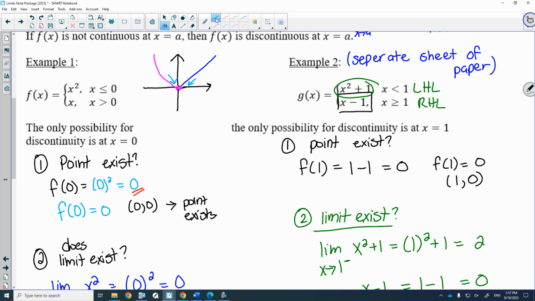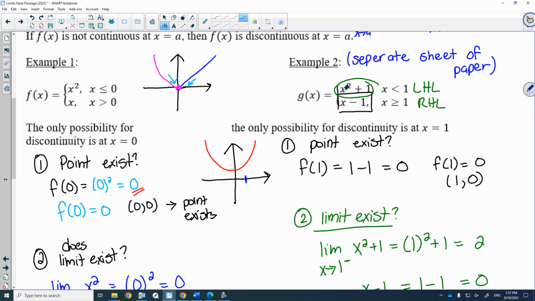So if I was to sketch this one, x squared plus 1 is a parabola going through 1. Now, I want a graph where x is less than 1. So I need to find my point when x is less than 1. If I put 1 in here, do you know what my y value would be?